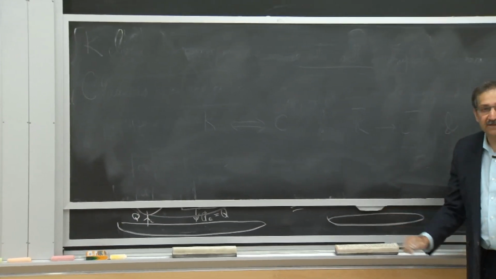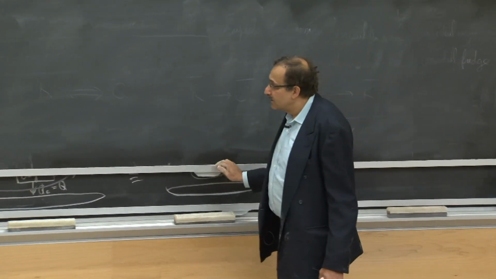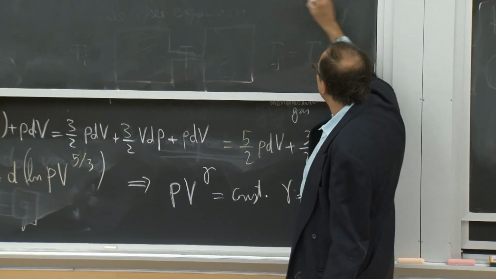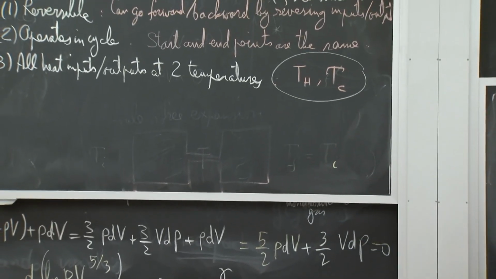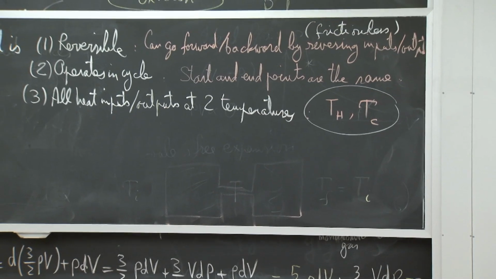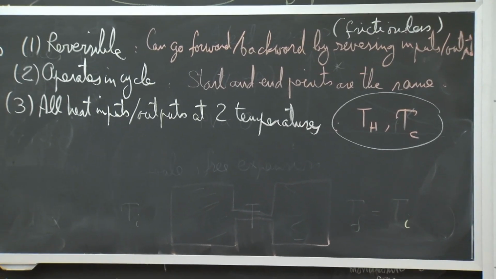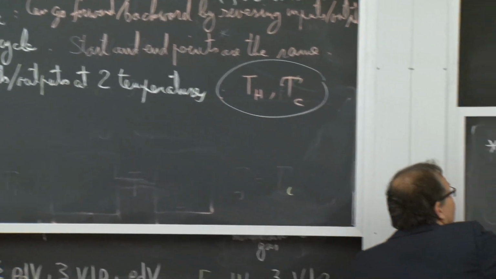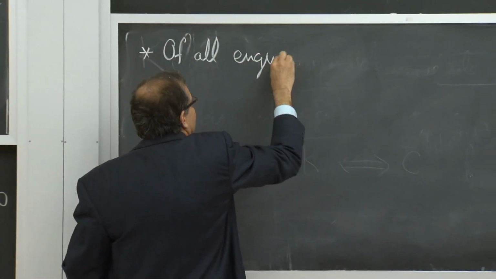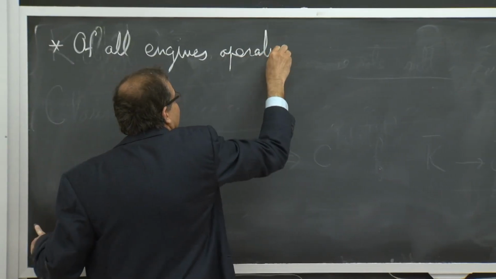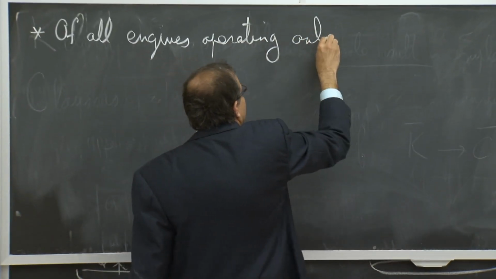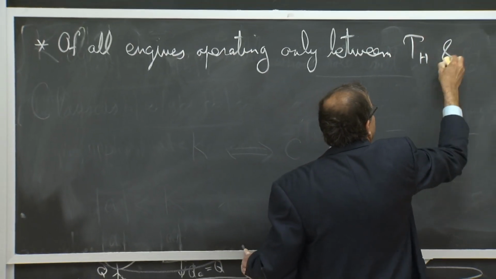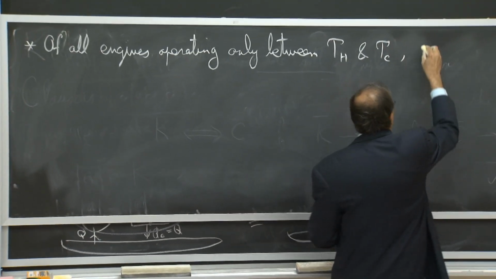Okay, now why is this idealization even useful? Well, we said that this Carnot engine is stamped by really 2 temperatures, TH and TC. And the following theorem is important, which says that of all engines operating only between TH and TC, the Carnot engine is most efficient.